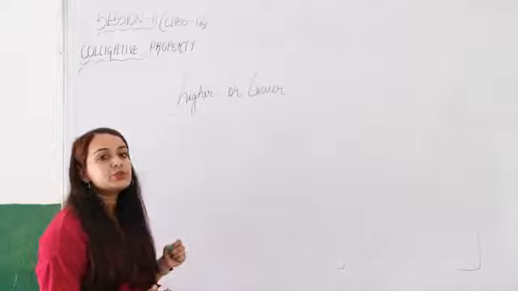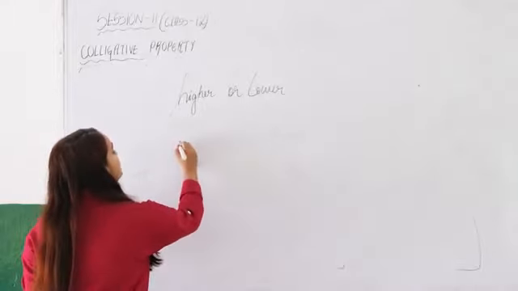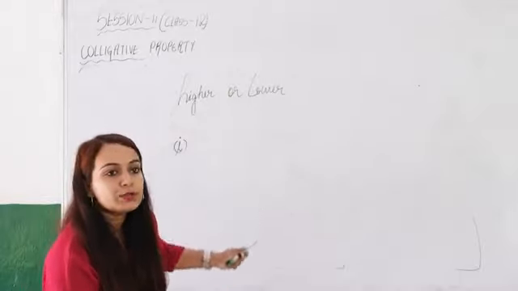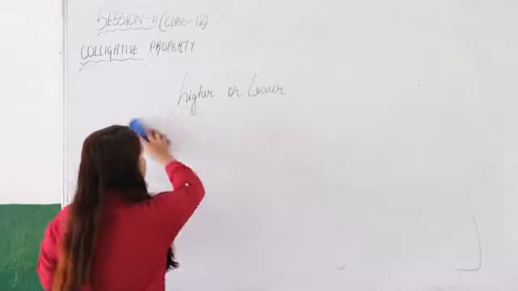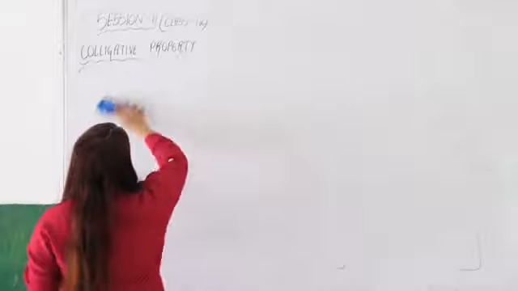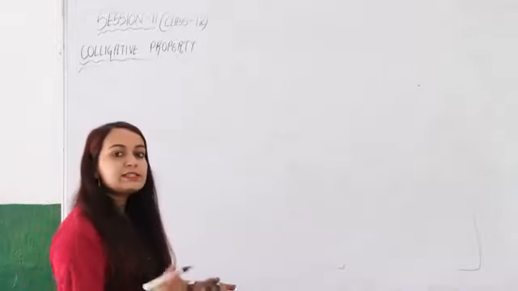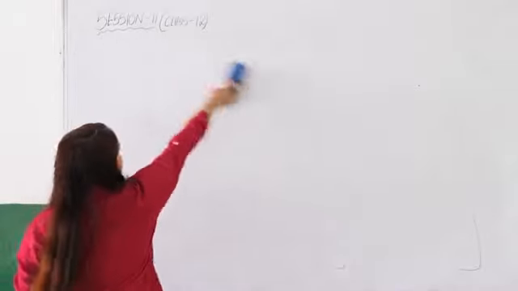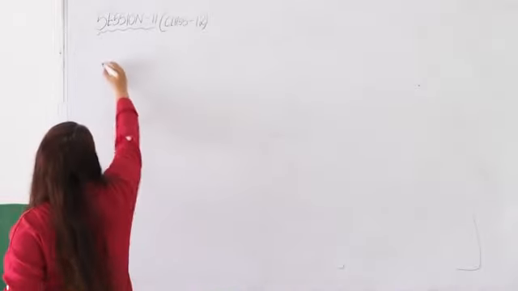Van't Hoff introduced a factor, the Van't Hoff factor i, in order to correct the abnormal molecular masses. Now let us see the Van't Hoff factor, which is denoted by a small i.